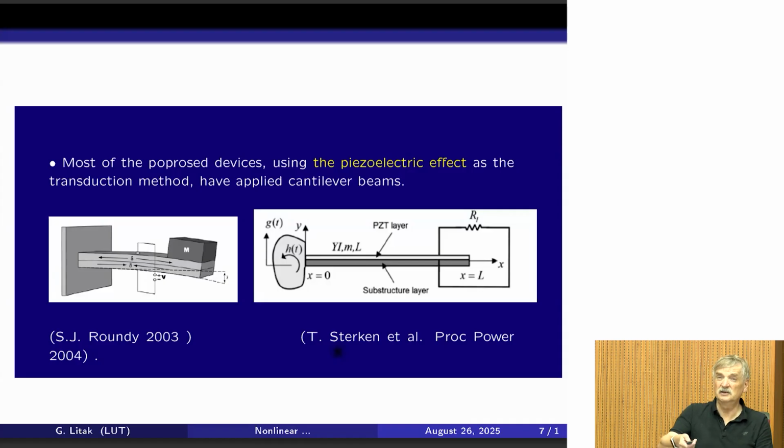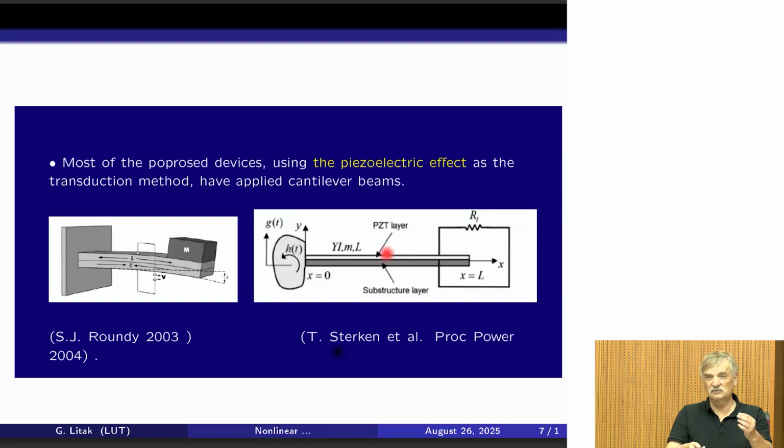You have in fact the substrate, which could be like a metallic cantilever beam, covered by piezoelectric, and you have also some electrodes on the top of this piezoelectric layer, and on the bottom the metallic substrate could work like the second electrode.